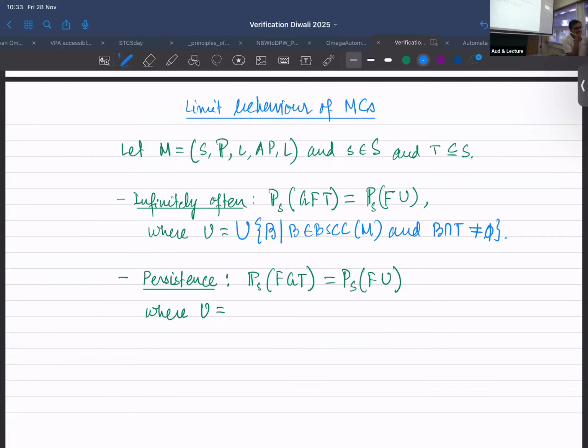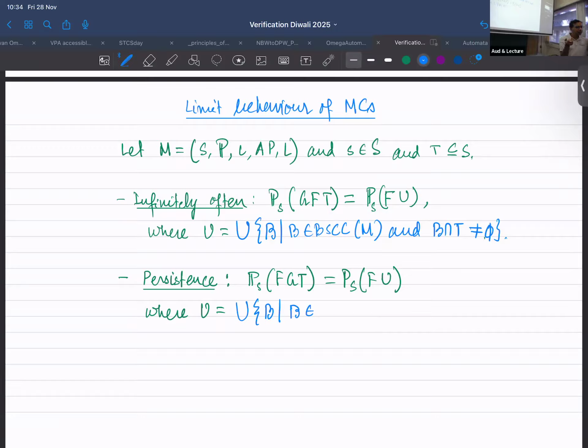Again, T can be somewhere outside the BSCs, that is possible, and T can be some states in some BSCs. If T is there in a BSCC, then no state which is not in T is in the same BSCC. Okay. So T is the union of some BSCs and some things outside the BSCs.